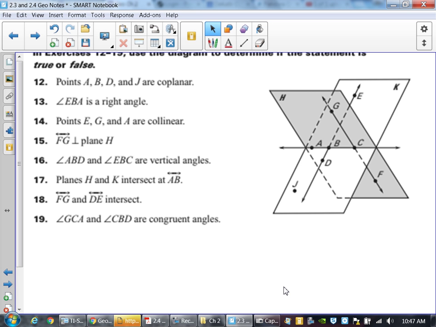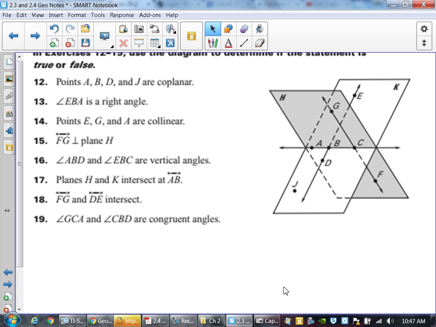A line can go across the plane, but this line, FG, is just in the plane. It's not perpendicular to the plane, it's just lying within it. It's like one of the blue lines on your piece of paper. Plus, if it was perpendicular, you would see a right angle. Do you see any right angles?